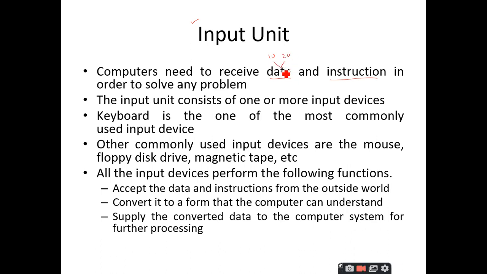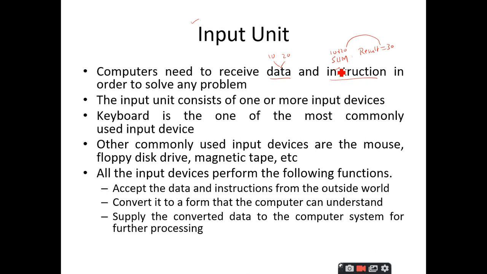This 10 and 20 are referred to as the data elements, and you tell the computer to perform the sum of these two data values and store the result in result. So, 10 plus 20 is performed and the result 30 is stored inside this result.